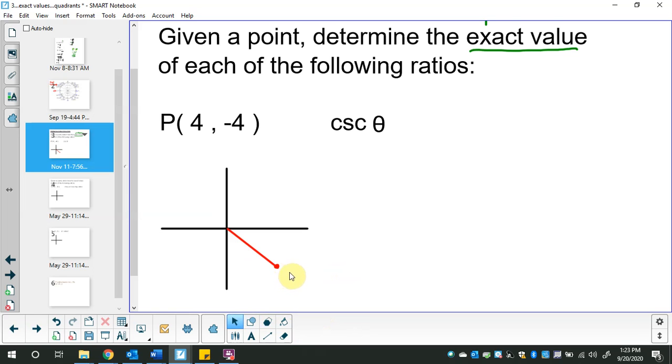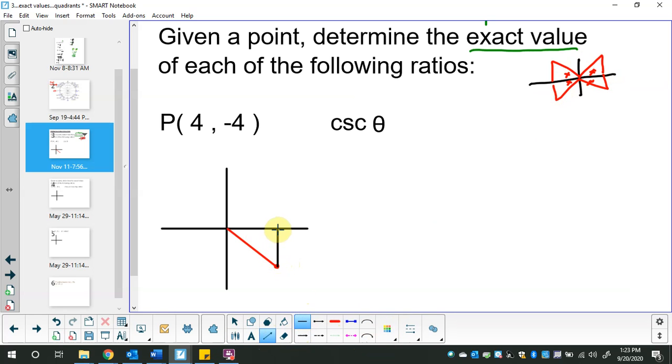And hopefully you recall that when we draw these little triangles, and here's my doodle, you always draw them to the x-axis, so you're creating your angles in the little bow tie. So that means when I complete this triangle, I'm going to draw it up to the x-axis, which I'm going to remain unlabeled just for fun.